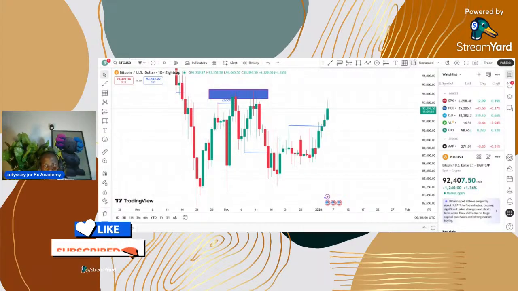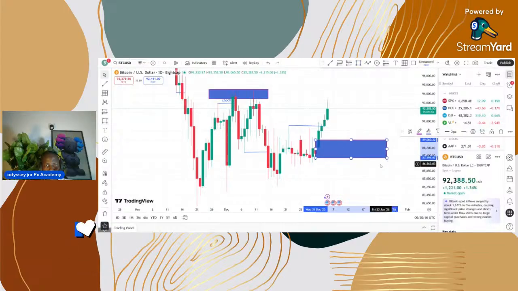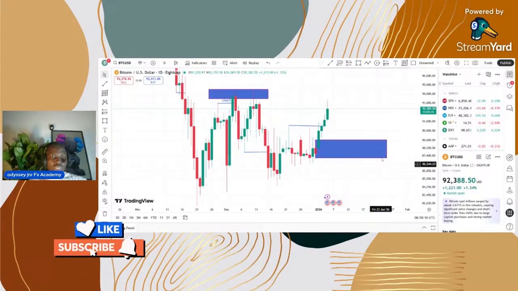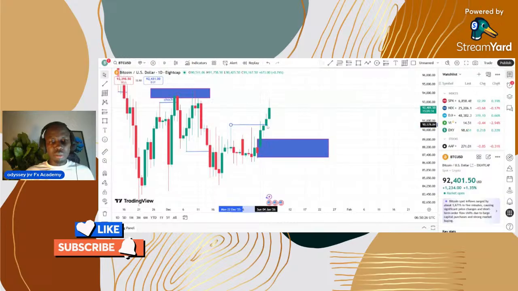The other block that leads to the break of structure is this other block. So currently we are bullish in BTC.